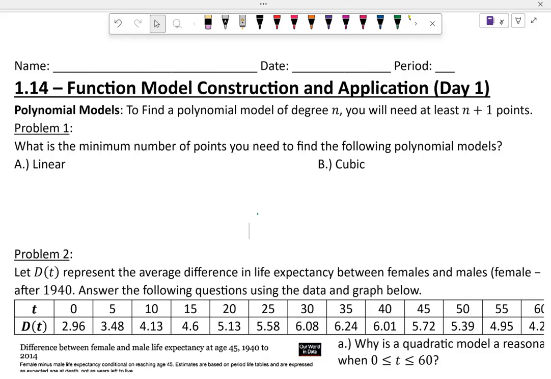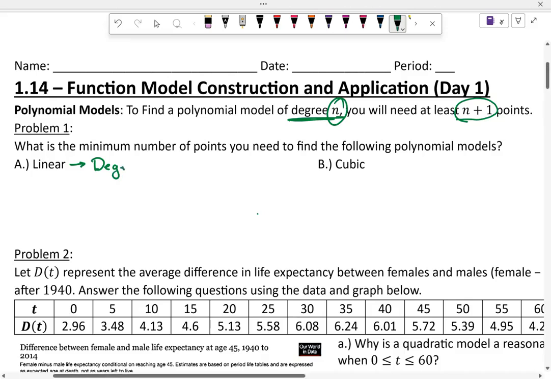So again, if we have a polynomial of degree n, how many points do we need? What does it say here? N plus 1. What does that mean? Well, let's go into this example to see what that means. If I want to find a linear model, what is the degree of a linear model? What's the general form of the equation?